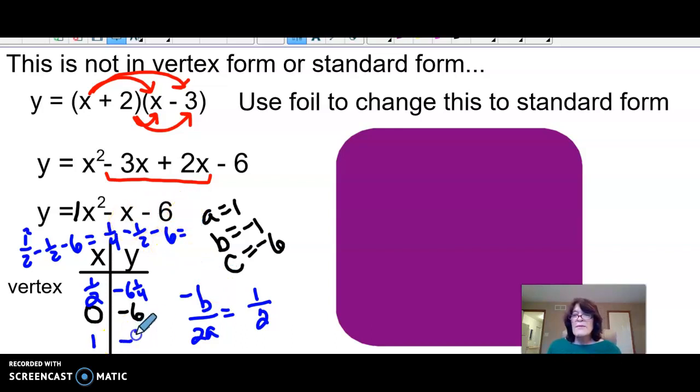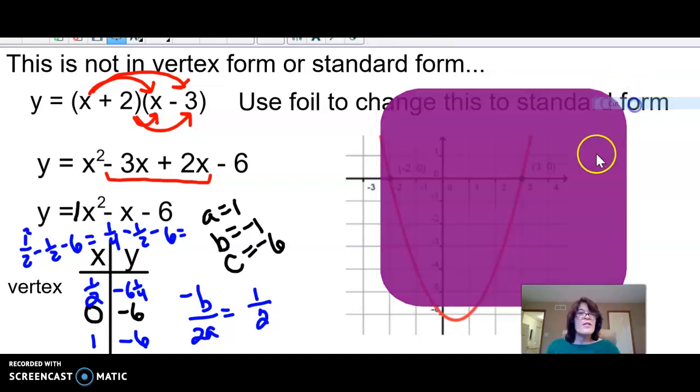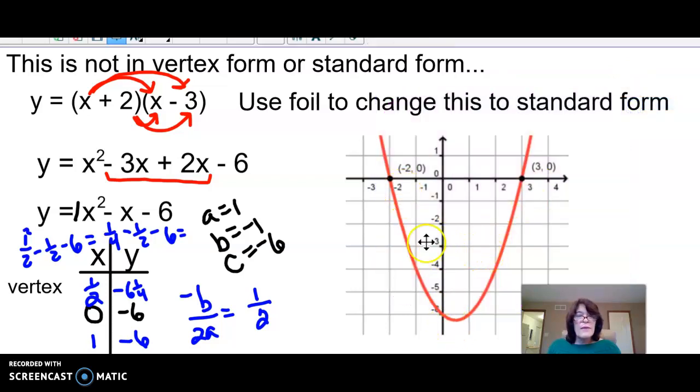Minus 6 is -6. Oh, that was reflected across there. Well, let's just see what happens. I already graphed it for you, just to save time on the video. Okay, so notice what I graphed was (0, -6), (1, -6), and (a half, -6 1/4).